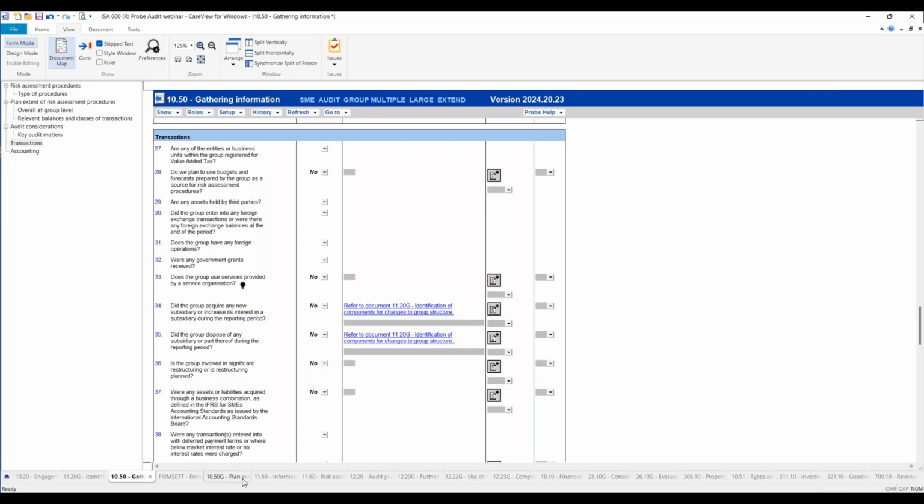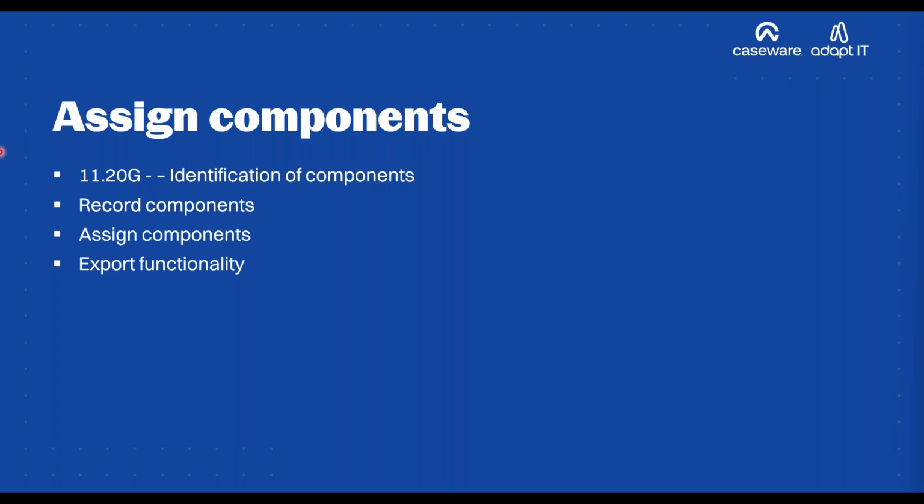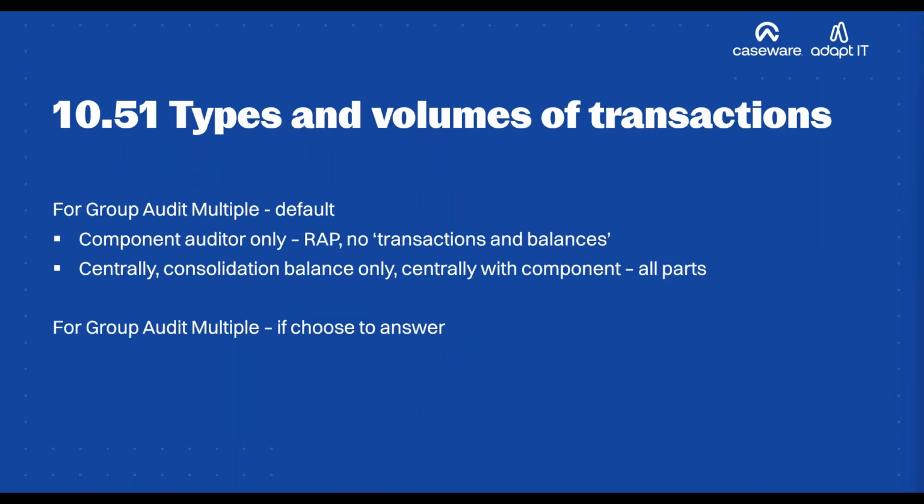And then you will also document the types and volumes of transactions. Let's just make sure everybody is clear as to what happens: what do I see on 1051 for types and volumes of transactions, and what don't I see?